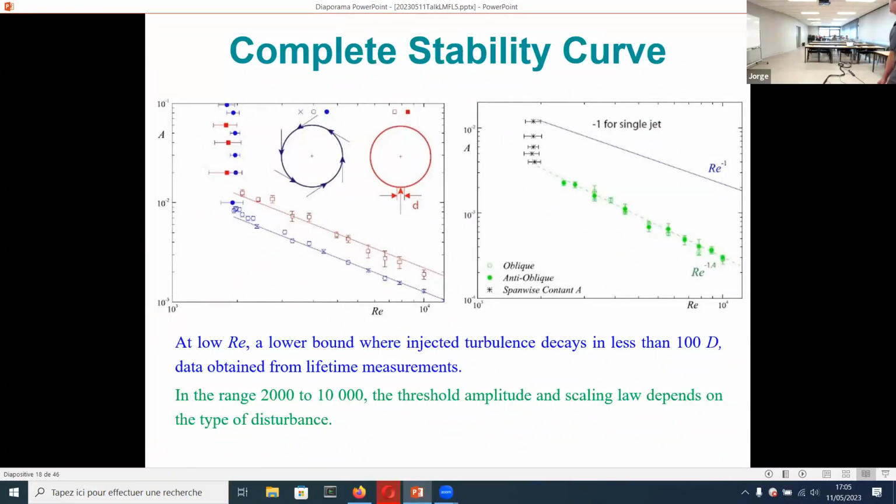So these data, the open symbols are the data I showed you before with the jet, and the squares and circles and stars are the lower bound data. They were obtained by the lifetime measurements. So with this, we could obtain the stability curve for several disturbance mechanisms.